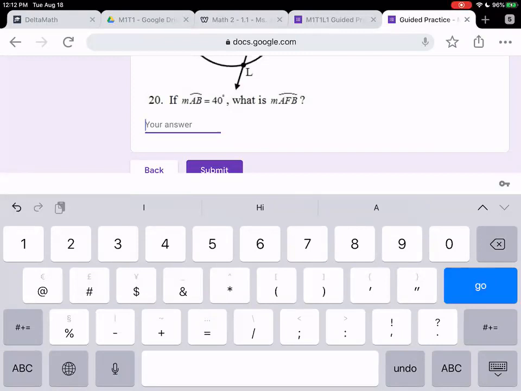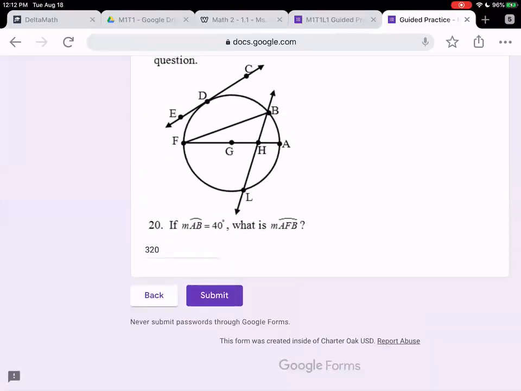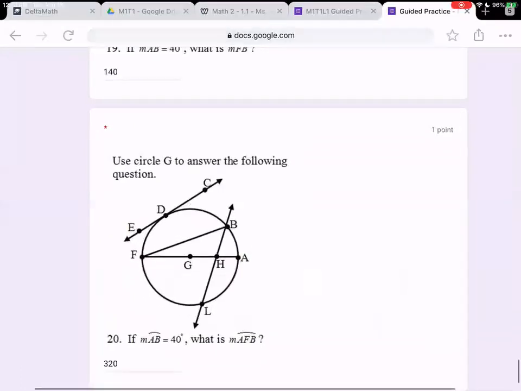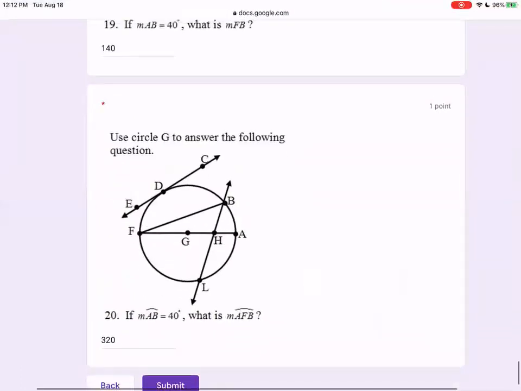One of your numbers is off. It's actually 320, because when you add 140 plus 180, you get 320. I know what you did with the 220, right? You just added 40 instead of 140, but it's okay. Really close.